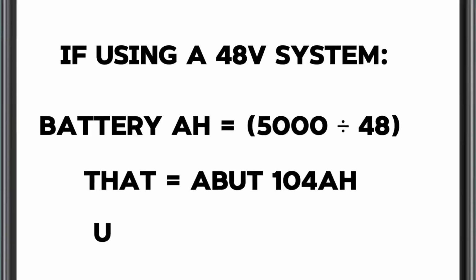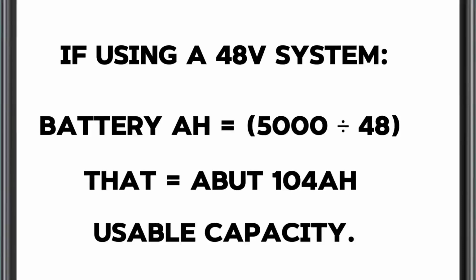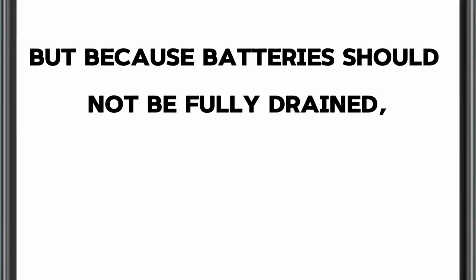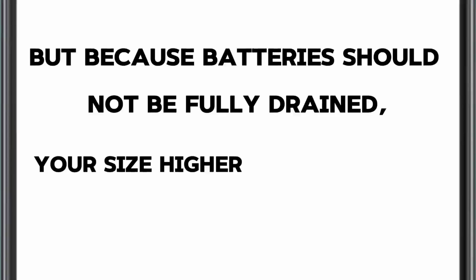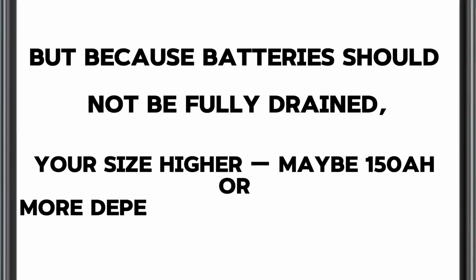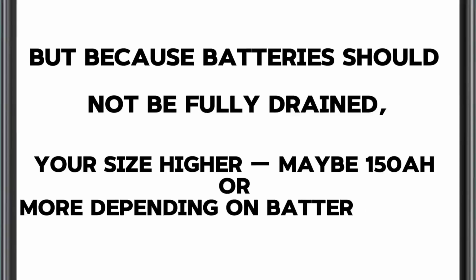That equals 104 amps usable capacity. But because the battery should not be fully drained, your size should be higher, maybe 150 amps or more, depending on battery type. This is why most people's batteries die early, because their battery is undersized.